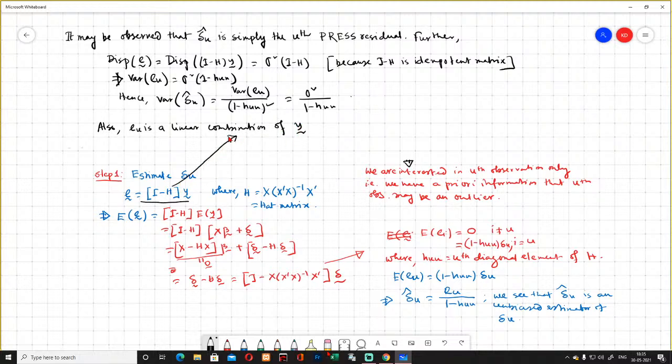This is the reason: if you see the component of e curl, then you see that e curl is a linear combination of Y curl.